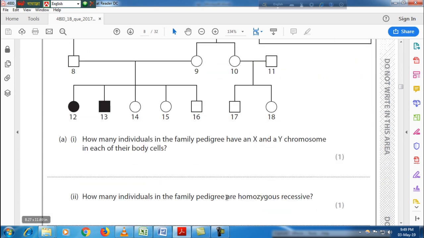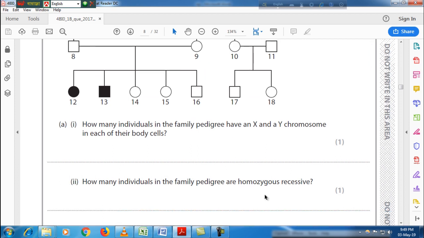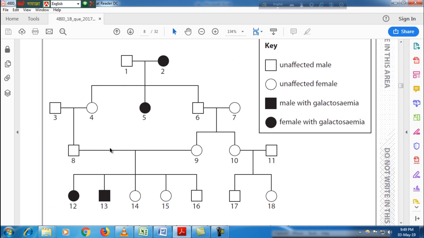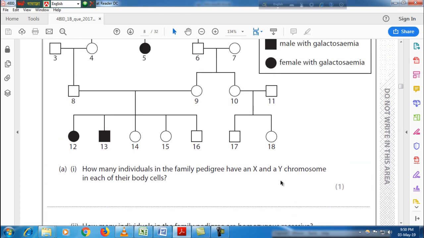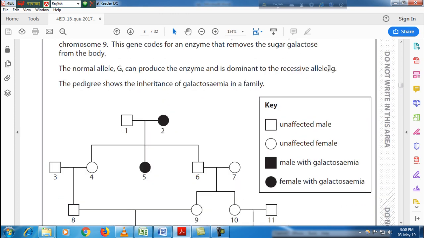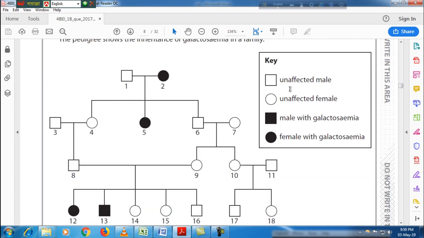Now number 2, how many individuals in the family pedigree are homozygous recessive? Now here in this sentence, it is already told, if you look at the sentence, the recessive allele is small letter g. Now by seeing the diagram we can easily understand those who are affected, they all will contain the homozygous recessive allele.